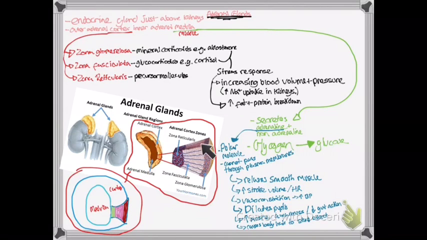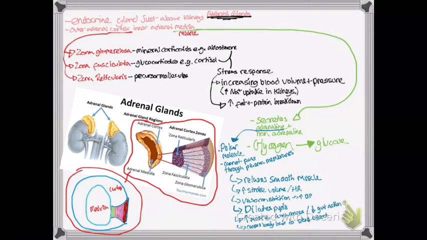The outer zone is our zona glomerulosa, our middle zone is zona fasciculata, and our inner zone is zona reticularis. Okay, so that's closest to the medulla. Just remember which way round those go. That's what it looks like. And let's just remember that's just a small cut from our adrenal cortex, so that would continue in a whole ring around the medulla.